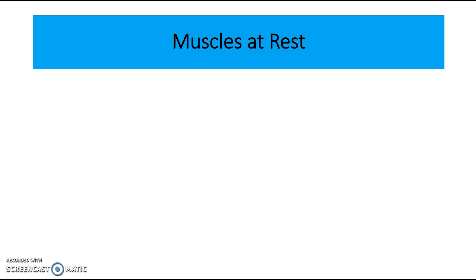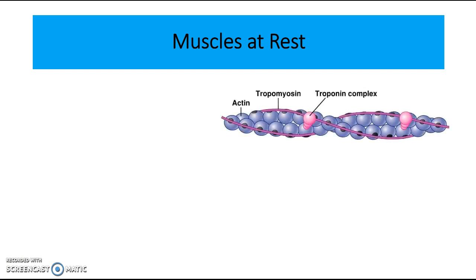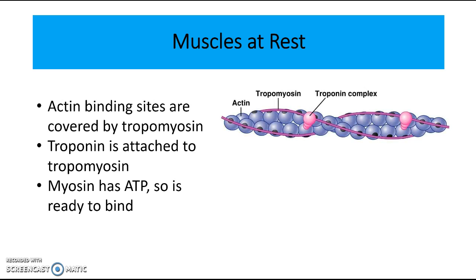But before we continue with the impulse, we're quickly going to just have a look at what the muscle is like at rest. So the thin myofilaments within the sarcomere of the myofibril are called actin, and they have a binding site. So at rest, this actin binding site is covered by two proteins called tropomyosin and troponin, as you can see in the image.